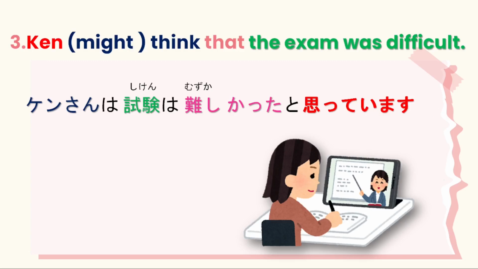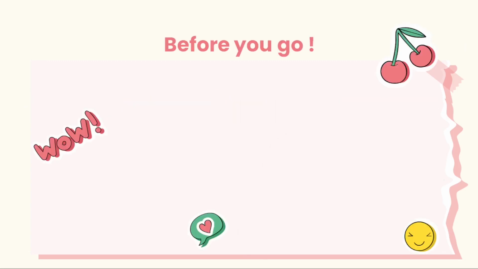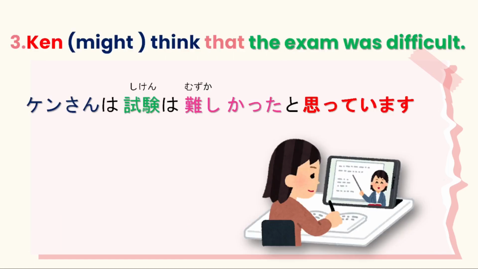We know that in the past tense, we drop the い and you add かった. So 難しい. Drop the い and you add かった. 難しかった. Was difficult. Okay. Ken さんは試験は難しかったと思っています。Ken might think that the exam was difficult. Fine. If you were able to do this example, I'm seriously proud of you.